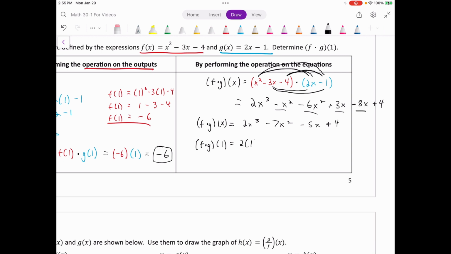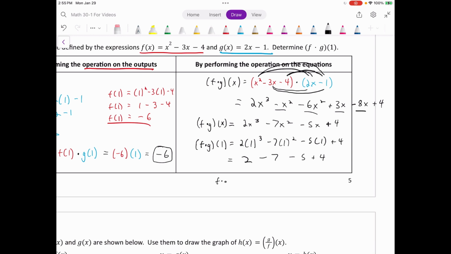So 2 times 1 cubed minus 7 times 1 squared minus 5 times 1 plus 4. 2 times 1 cubed is still just 2 because 1 cubed is 1. Same thing here, 1 squared is 1, so minus 7, minus 5 times 1 is 5, plus 4.